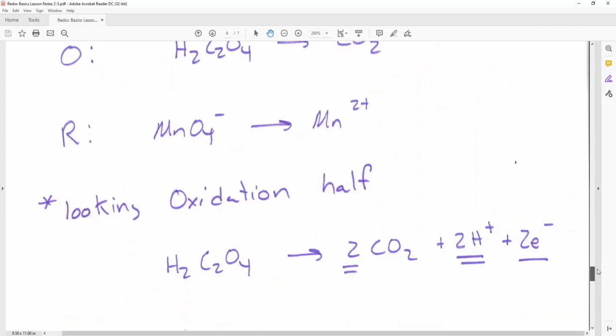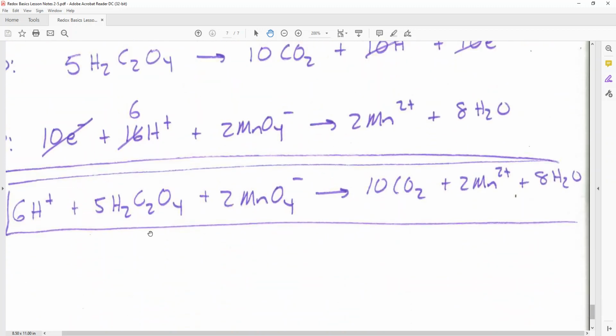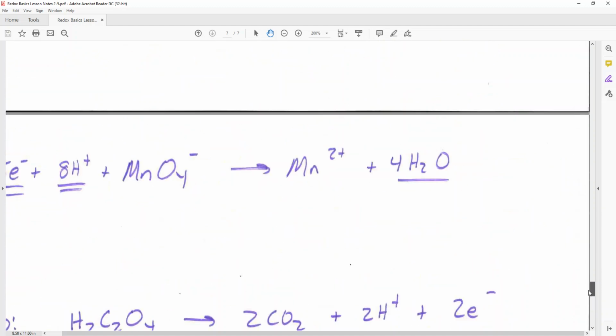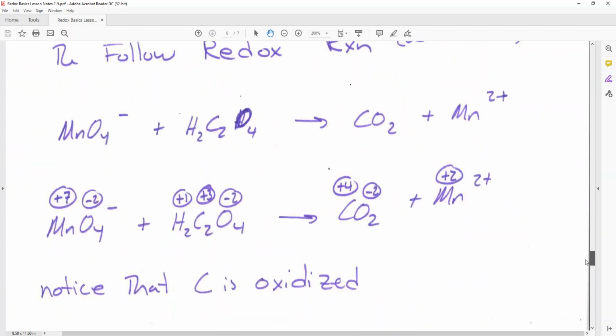So you have to do the half reaction method to come up with that, because the reaction that I gave you initially didn't have any H plus in it, and didn't have any water in it. So how would you know? You know that water's available because it's an aqueous solution, and you know that H plus is available because it's an acidic solution. But how would you know where to put it? Well, you've got to do the half reaction method.